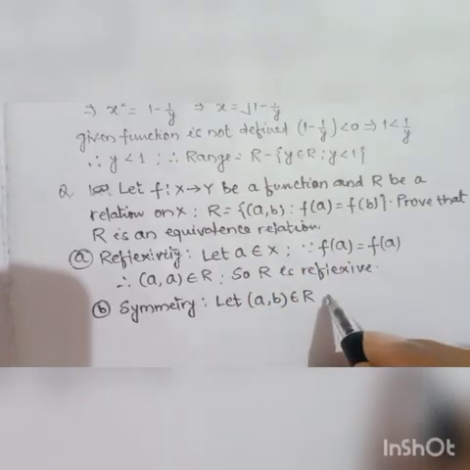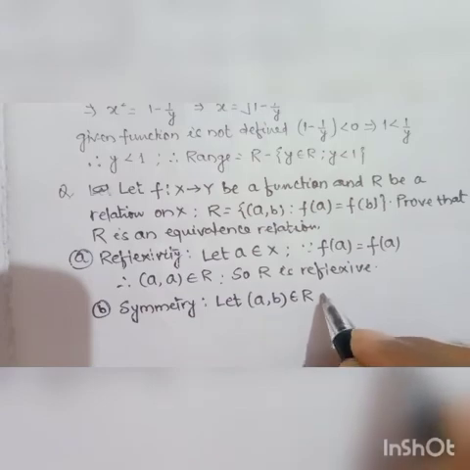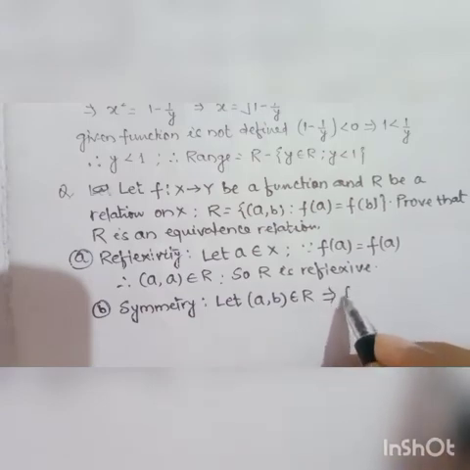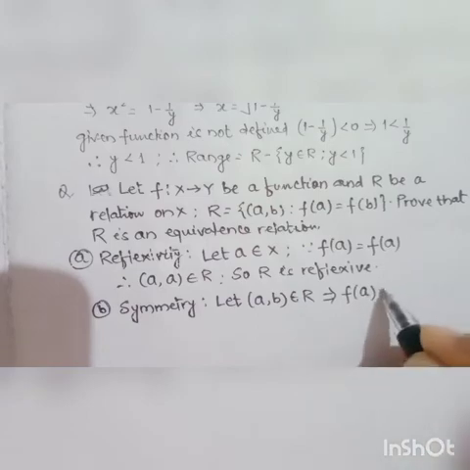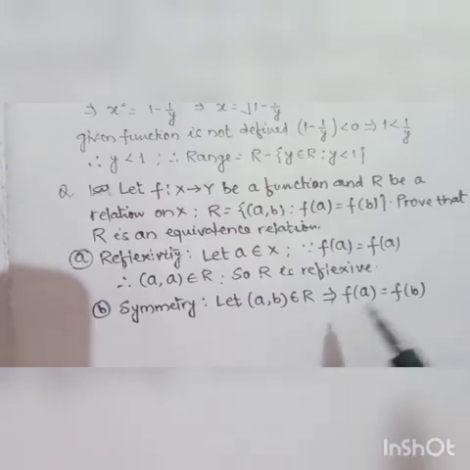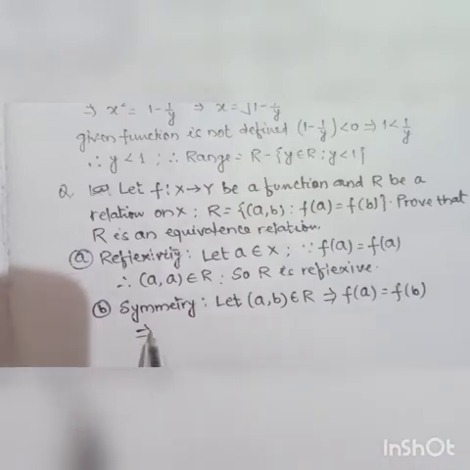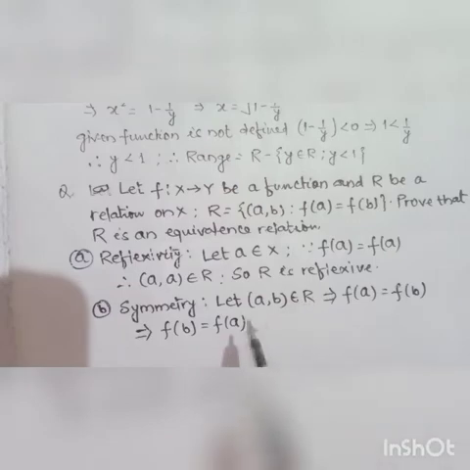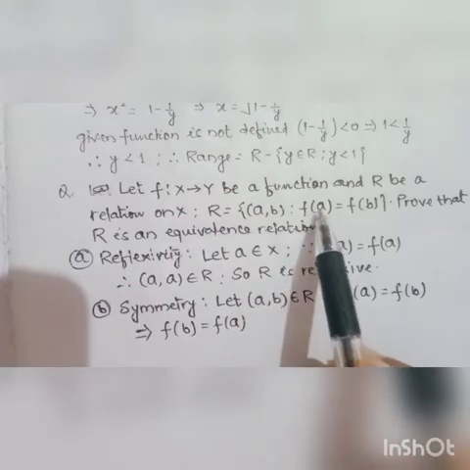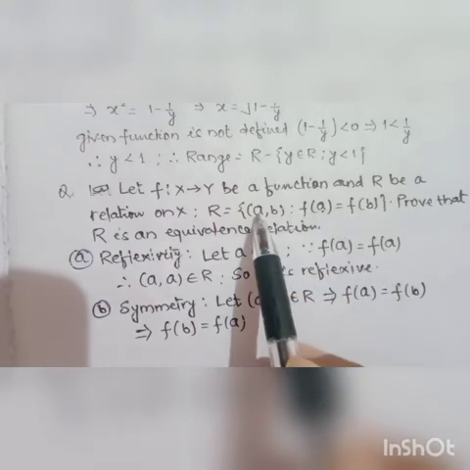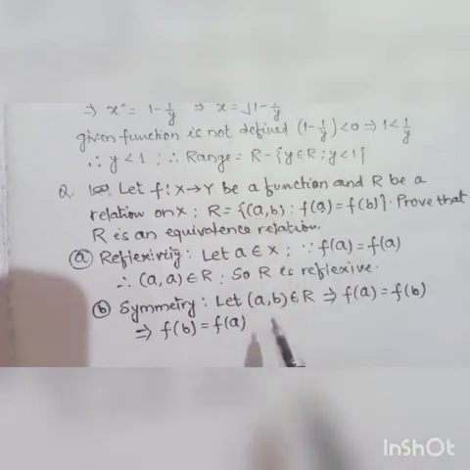So f(a) is equal to f(b), or you can also say that f(b) is equal to f(a). So f(b) equal to f(a) means (b, a) belongs to R.